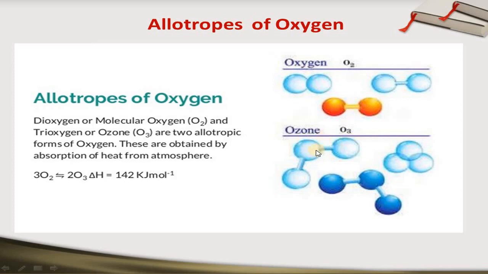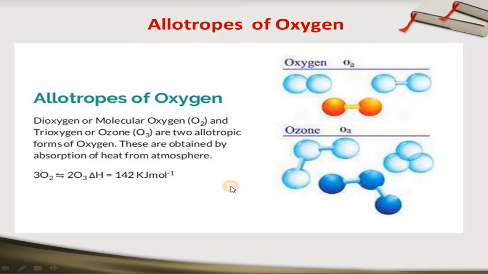While here in ozone, we have three oxygen atoms linked together, and the bond angle between these three oxygen atoms is 117 degrees. The bond length between two oxygen atoms in ozone is 1.278 angstrom.